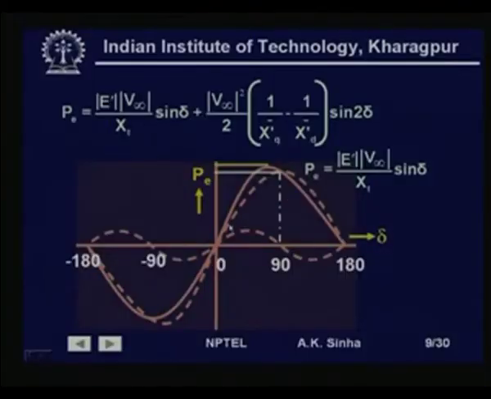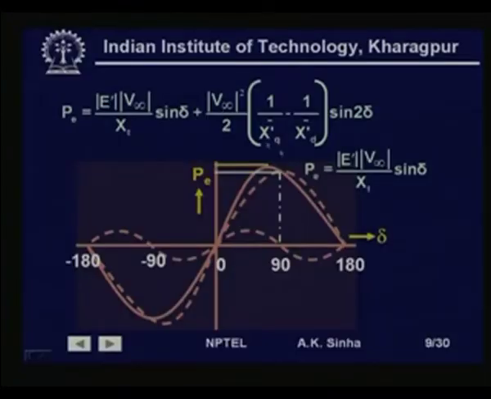Also, one thing which we can see from these characteristics is that the slope for the salient pole machine is larger than the slope for the cylindrical rotor machine in the normal operating region, that is in the stable operating region. That is, what we see is that the salient pole machines are more stiff and the change in their delta angle for a given increase in power output is much less compared to that of the cylindrical rotor machine.